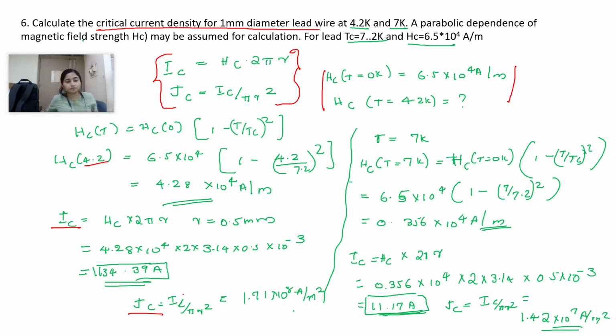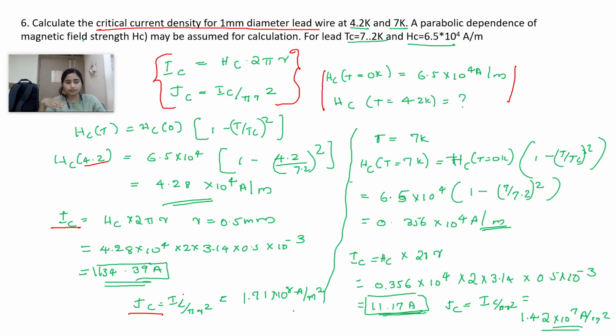So for this HC you have to calculate, the formula is HC of T is equal to HC of 0 times 1 minus T divided by TC whole square, and substitute the values which are given in the problem and you will get the HC value. It will be 4.28 times 10 to the power 4 ampere per meter. Okay, now the IC value.